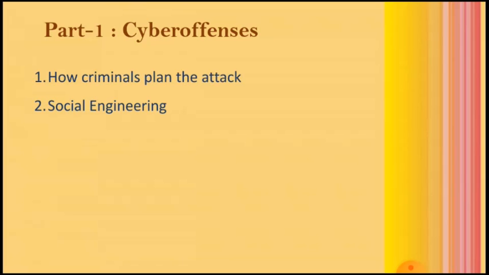So this ends the first part of the second unit. In this unit, we have studied how criminals plan the attack and the different phases of planning cyber crime. Next, we have studied what is social engineering and classification of social engineering. Next, we have studied what is cyber stalking, types of stalkers, and how a stalker works.